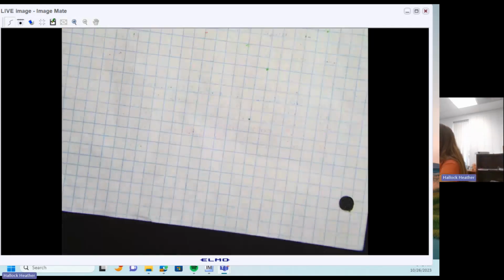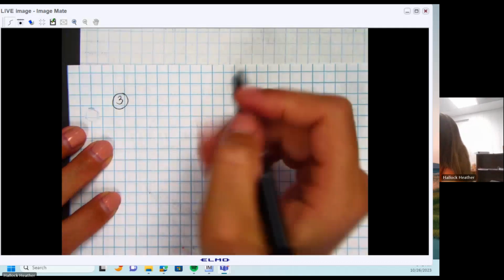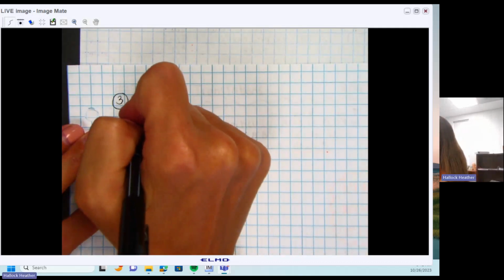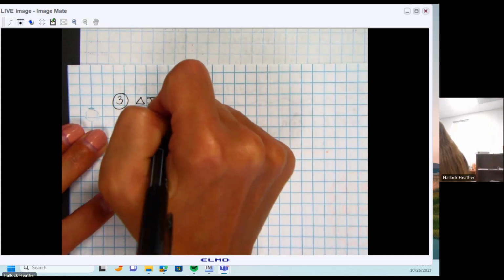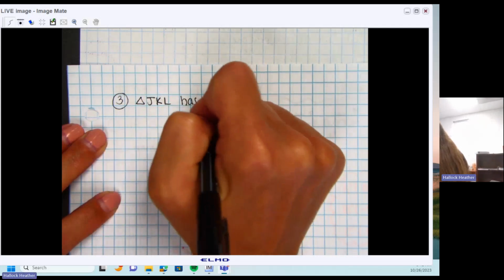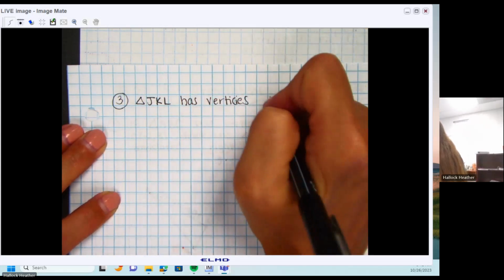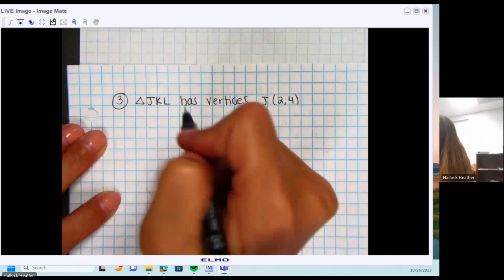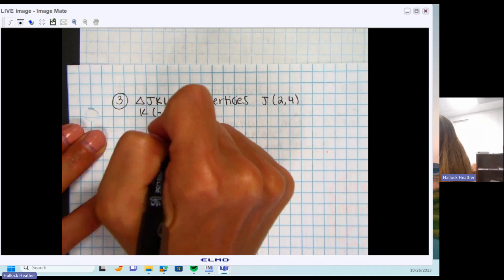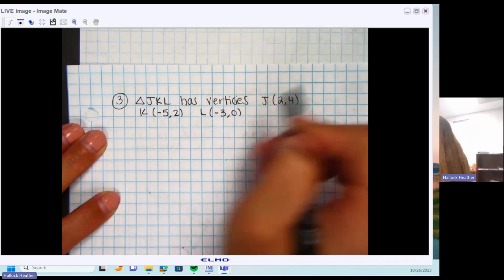Okay, so last problem, number 3. Triangle JKL has vertices J 2, 4, K -5, 2, L -3, 0.